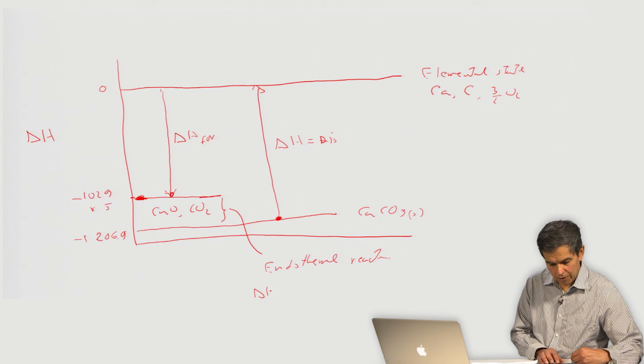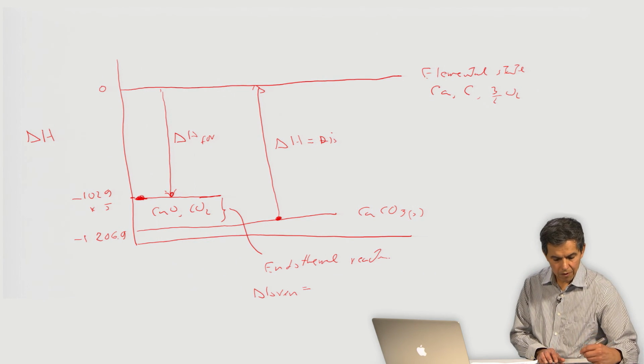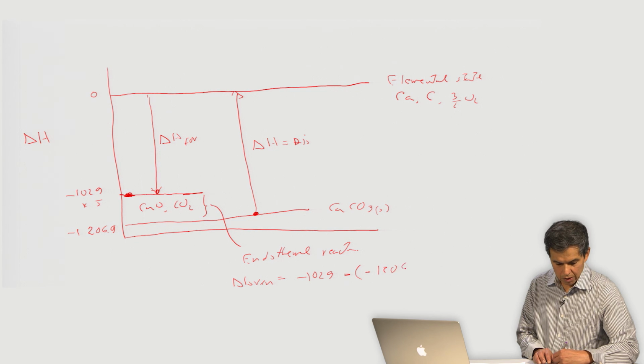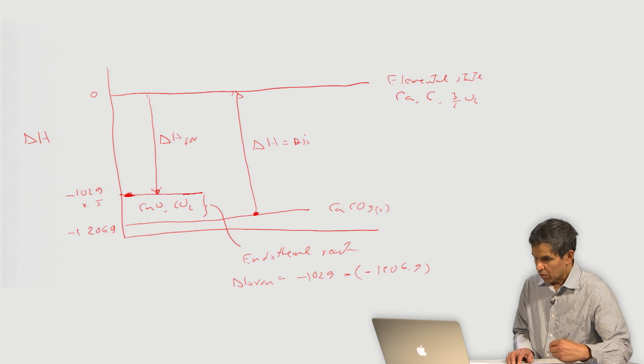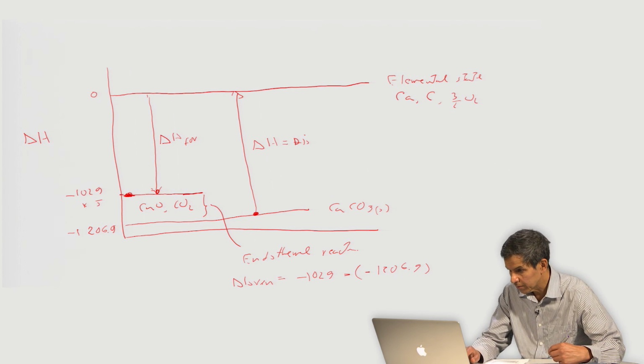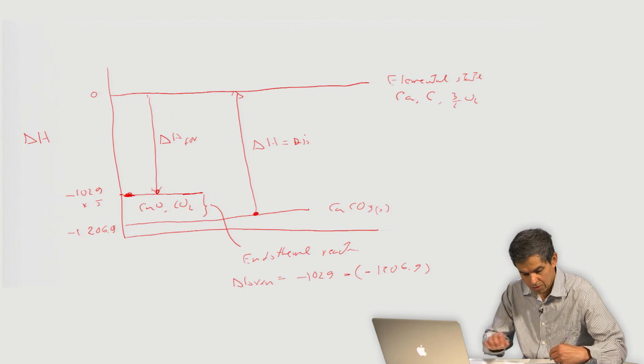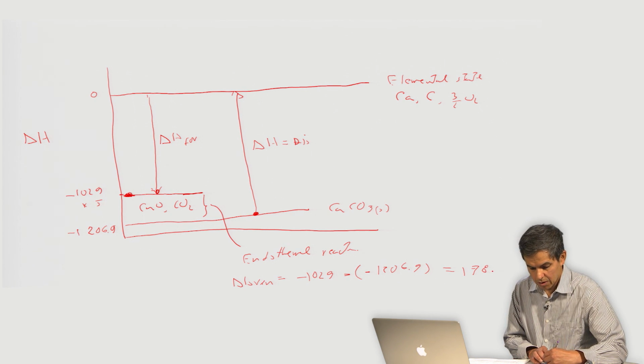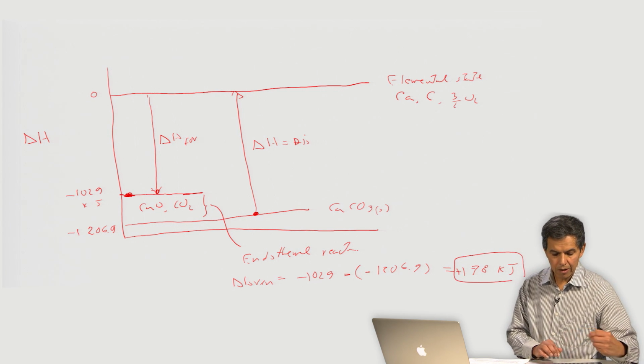And the delta H of this reaction is going to be the difference of the dissociation, minus 1029 minus minus 1,206.9, which is going to correspond to 178 kilojoules. It's a positive sign because it's an endothermic reaction.